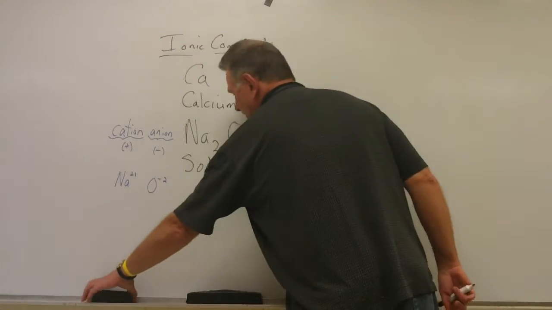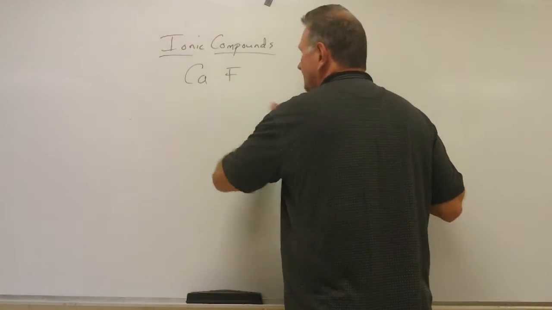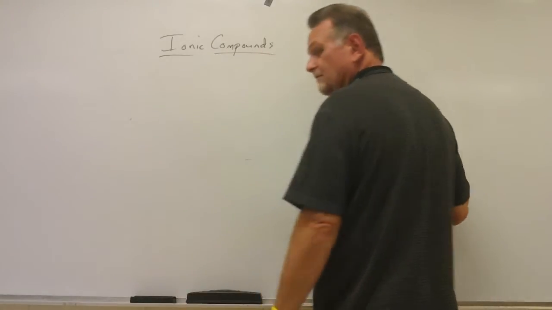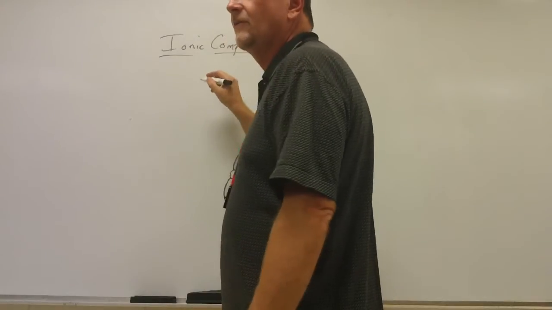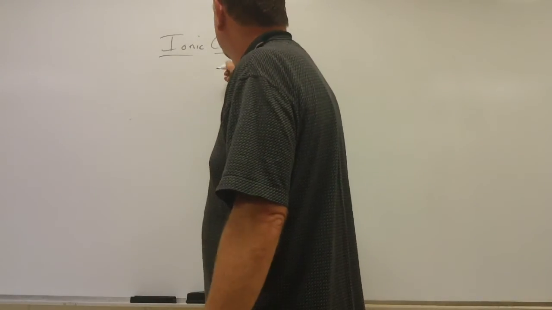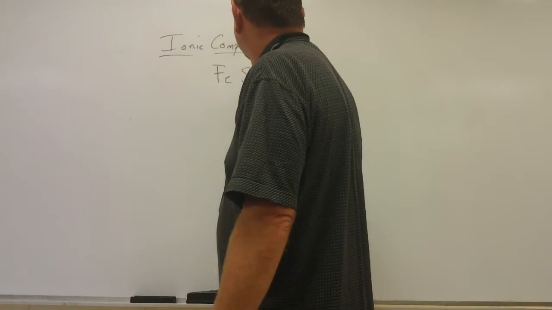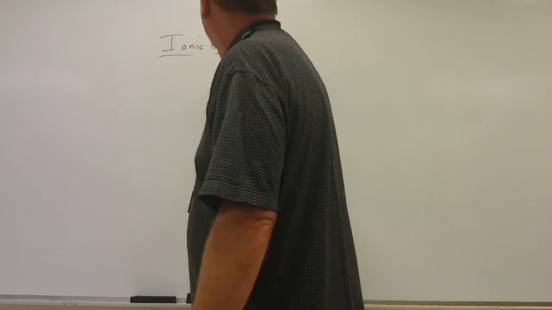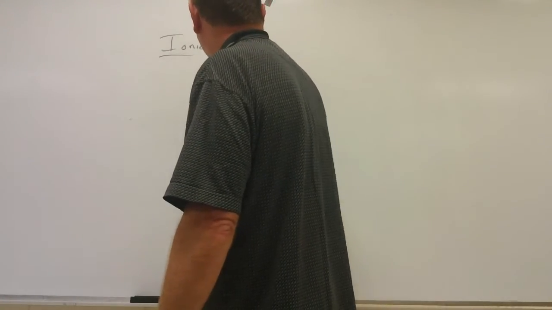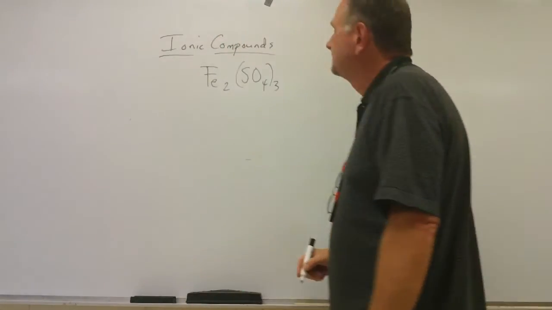Let's do a couple more that are a little more complicated because they have ions from the middle of the periodic table, the transition metals. For example, let's say we did this. Now he's writing something that you should have memorized by the time you come in August, your first day. What is that?